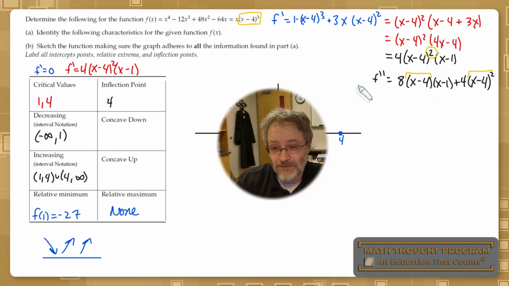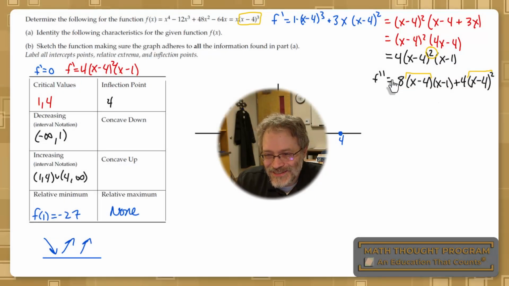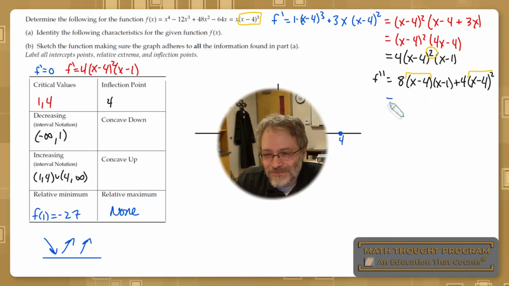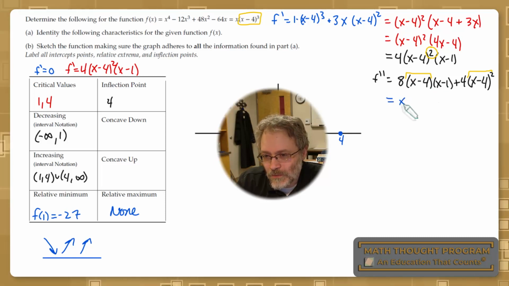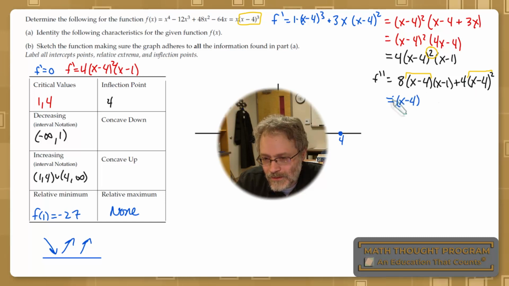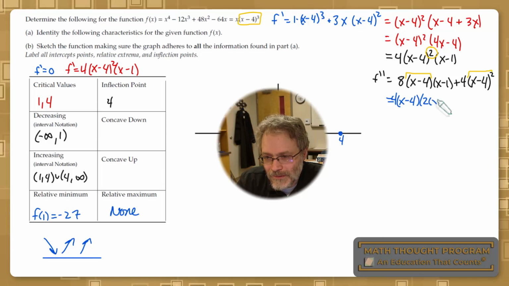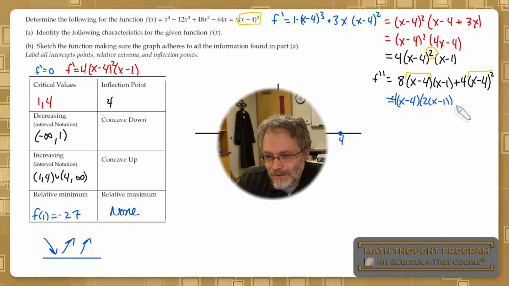So don't shy away from it. Jump on it. It's a gift. So factor it out. x minus 4. And we can pull out the 4 as well. We're going to have 2, x minus 1, x minus 4.